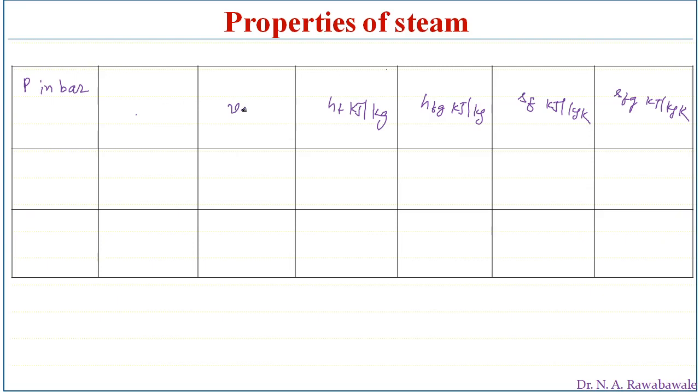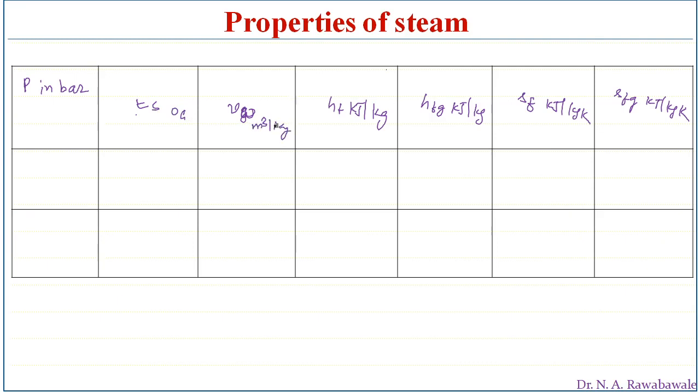VG is not required, in this case we need VF. And here we need temperature of saturation, that is TS, in degree Celsius. This is in meter cube per kg.